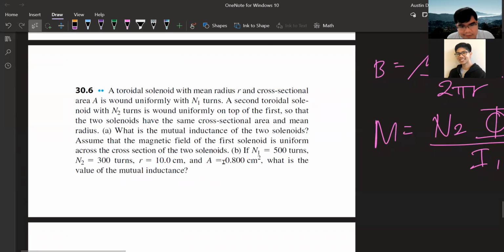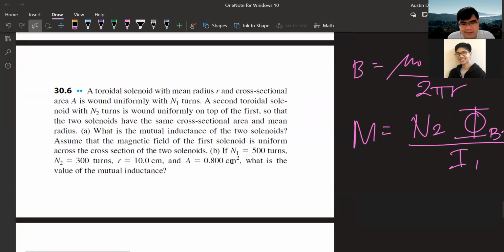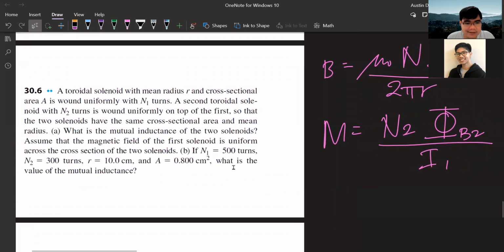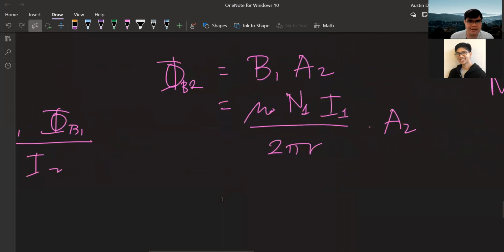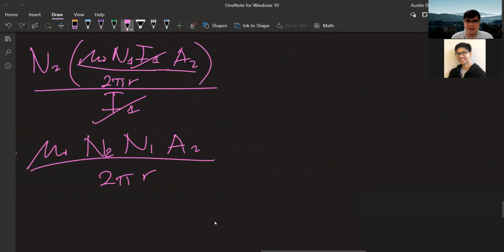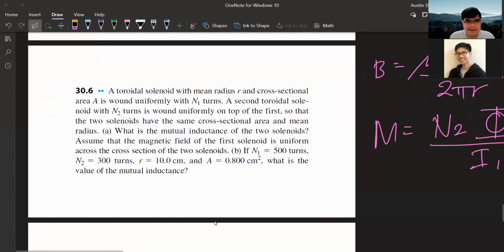So ita-transform mo pa to, no, into square meters, which is not very straightforward. What is the value of the mutual inductance? Okay, so plug in natin lahat yung values na yun. And you'd actually obtain around 24 microhenries. Okay, nice.